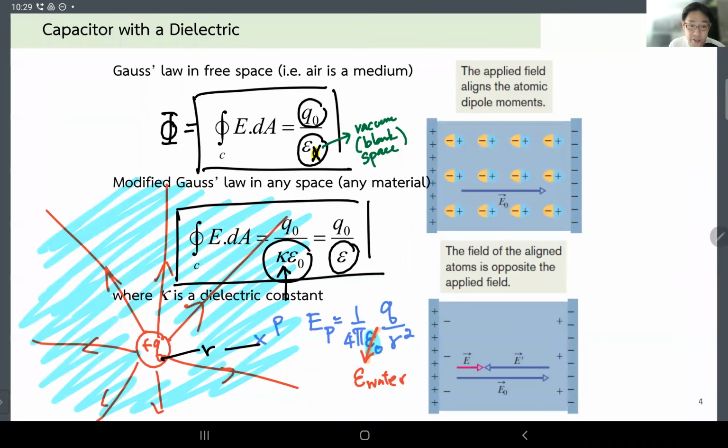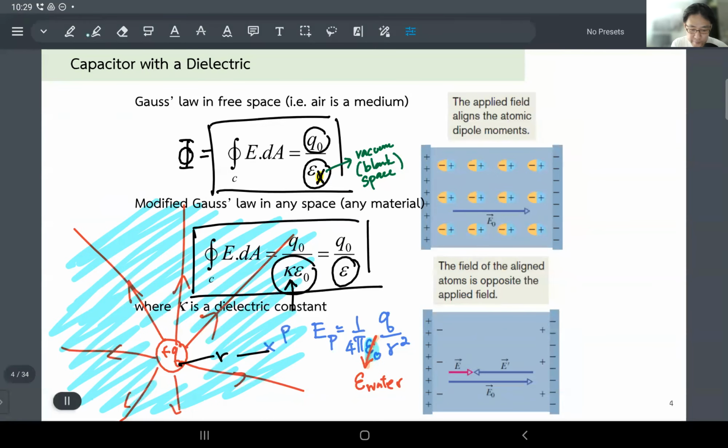We call that factor the dielectric constant. There you go, guys. Okay, my drawing is really bad, but it's here. Sorry. That kappa, or in some textbooks they might just use K, doesn't matter. Whatever the K or the kappa here, that is called the dielectric constant for that material.